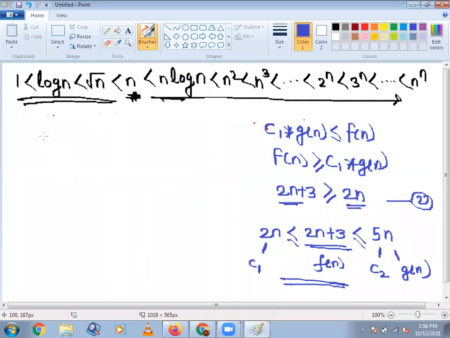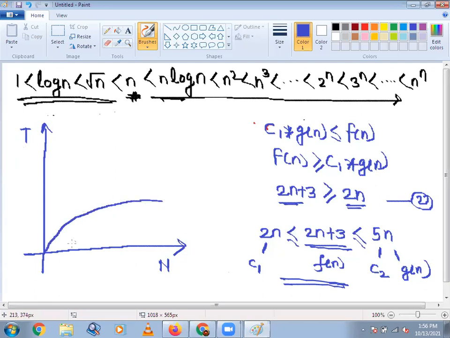Suppose this is the function c1 into g of n.